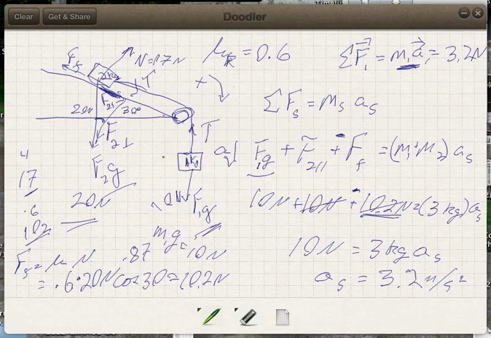So the total force pulling down on it must be 3.2 newtons. Gravity gives you 10. So the tension must be 6.8 newtons upwards. So you got 6.8 newtons pulling up, tension, 10 newtons pulling down. The resultant force is 3.2 newtons, accelerating it at 3.2 meters per second squared. Hope that was helpful.